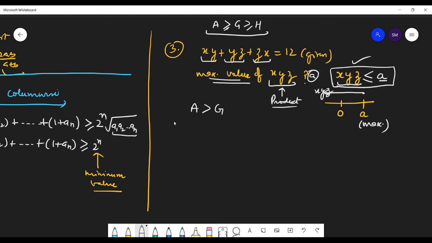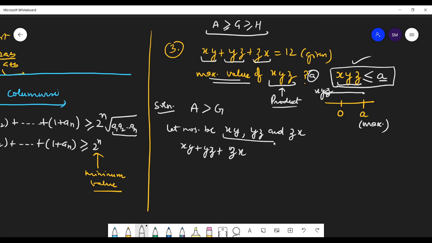So students, which numbers are you going to take here? You have to assume the numbers. Let the numbers be xy, yz and zx. So what will be their arithmetic mean? xy plus yz plus zx divided by 3.